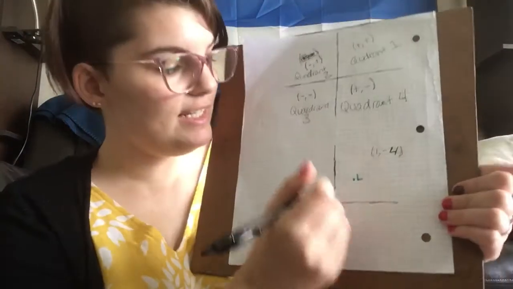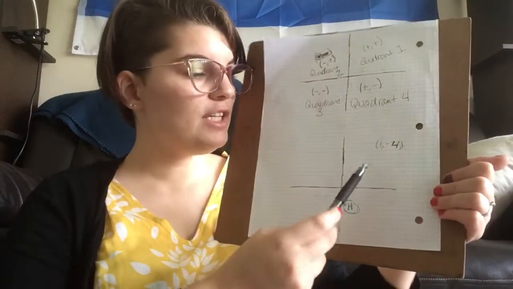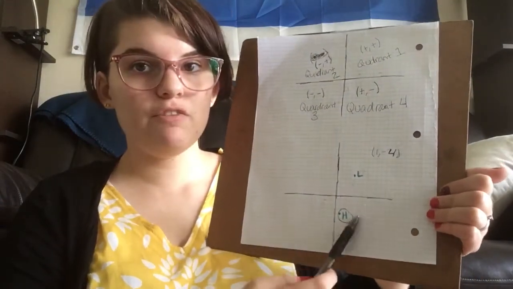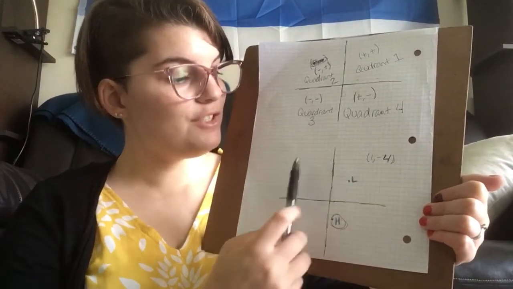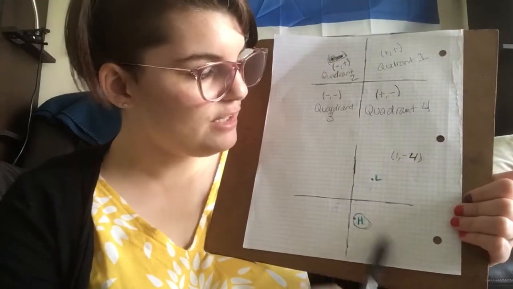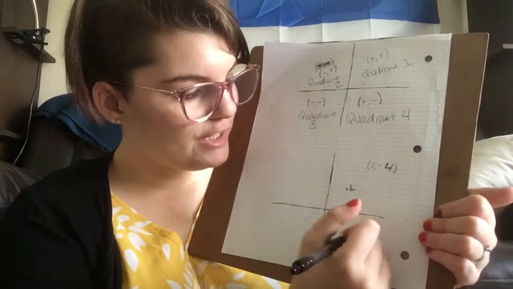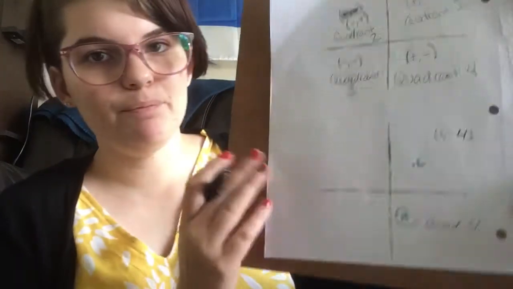So my point is H, number 7 is H, and we know that it goes quadrant 1, 2, 3, and 4, which you can see up here. I was looking backwards in the camera. So this would be quadrant 4. So your answer should be H, and then quadrant 4.